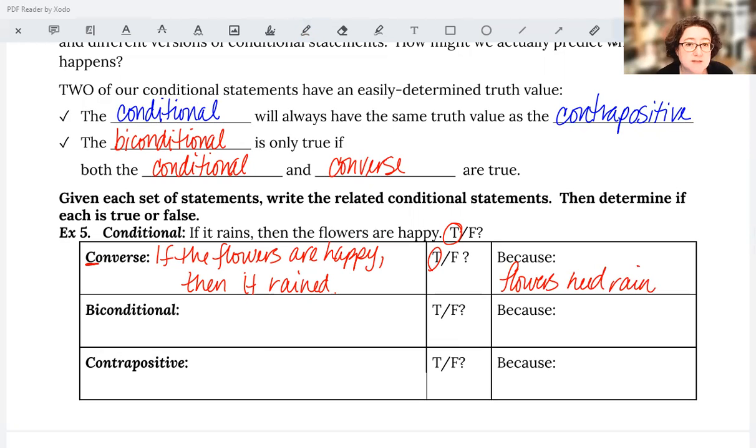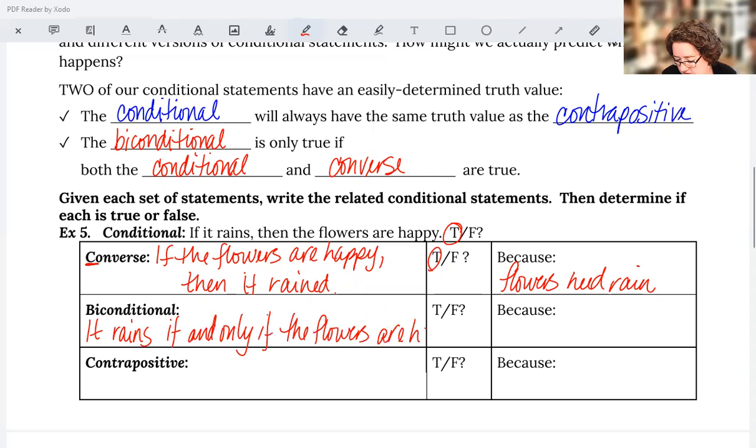Biconditional. Again, we can write this in any order we want, but biconditional, keep in mind, it has that different phrase in the middle. So we kind of leave off the if, we leave off the then. So it rains if and only if the flowers are happy. And I have to use a little extra room, that's okay.